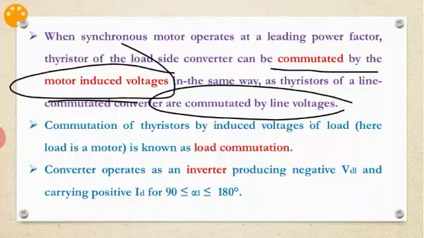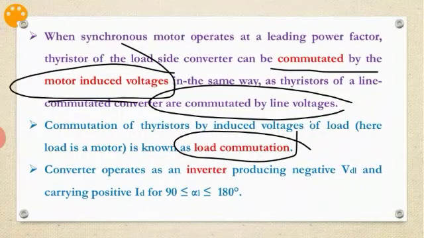The motor acts as our load, so with the help of this voltage the thyristors are commutated. Very interesting: when the motor induced voltage acts as an inverter, it turns off the thyristors.